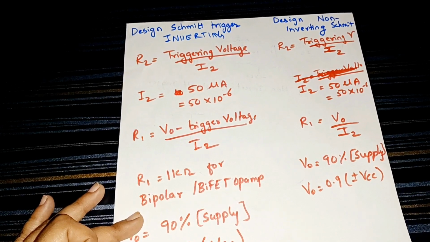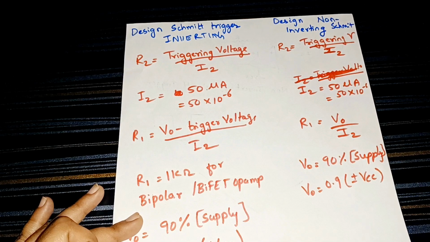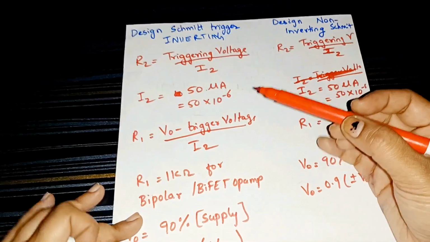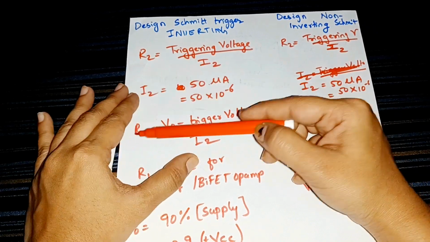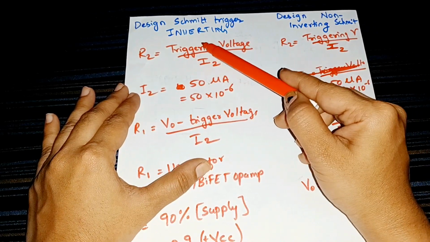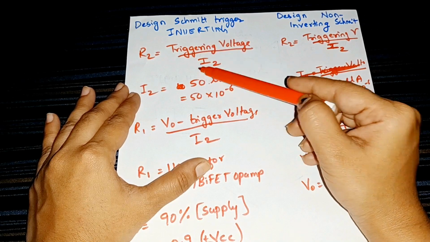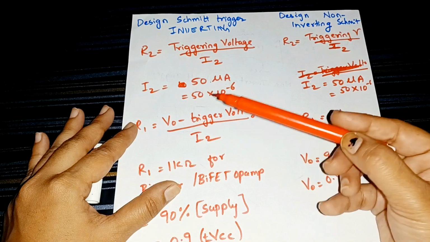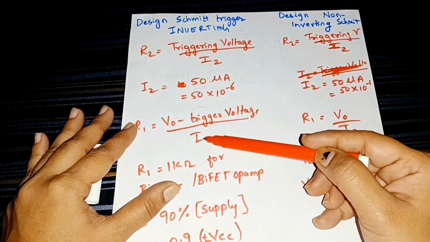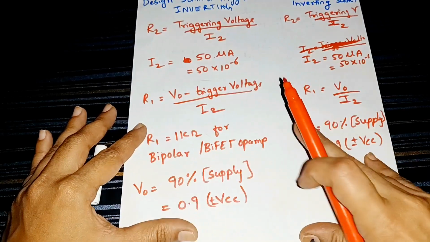Here we see how we use these formulas when solving problems. When it is the inverting terminal, we use R2 as the triggering voltage, that is UTP or LTP value, divided by the I2 value, and R1 equals V0 minus the UTP or LTP trigger voltage, whole divided by the current flowing in it.